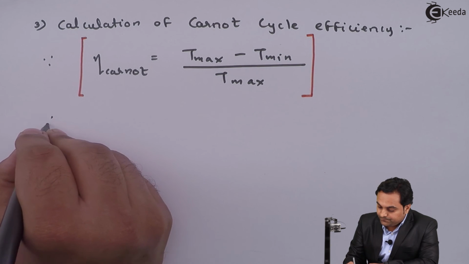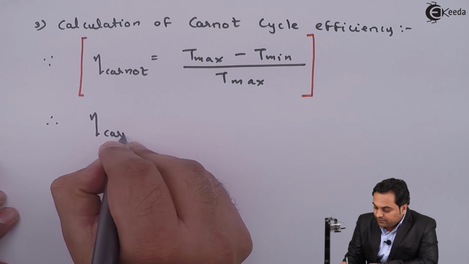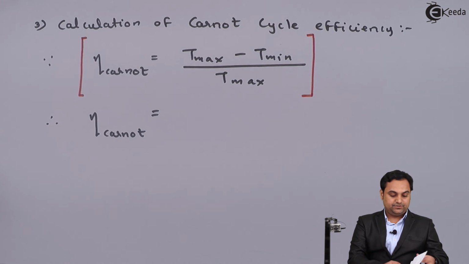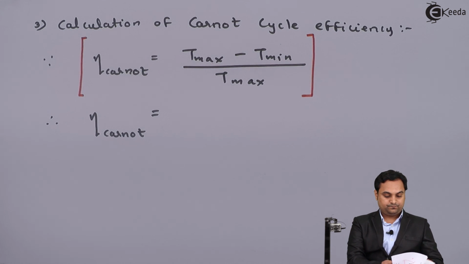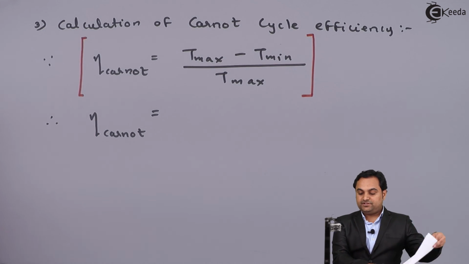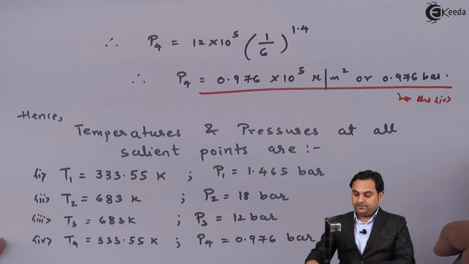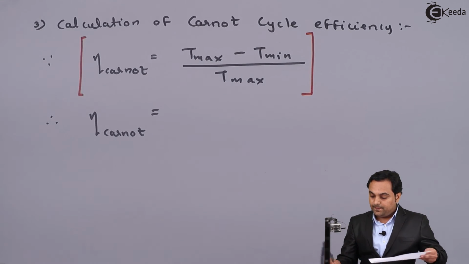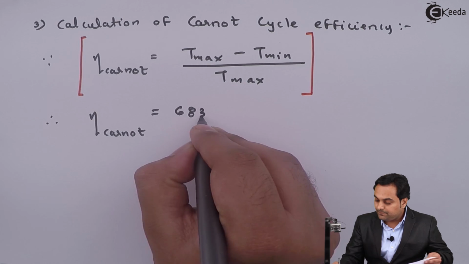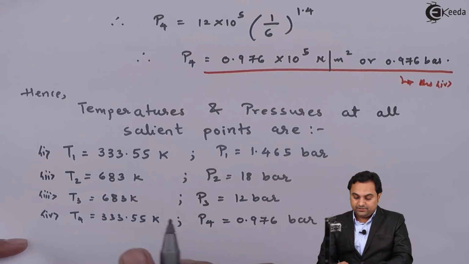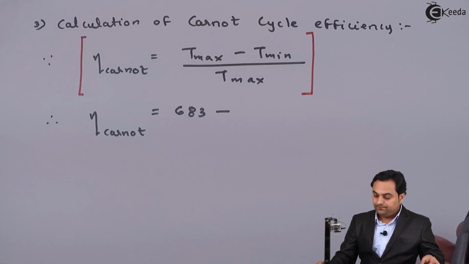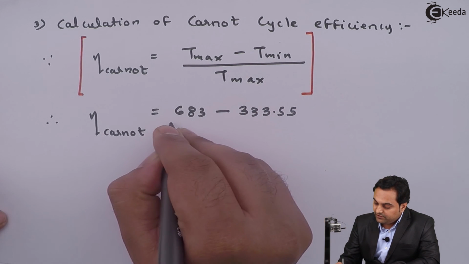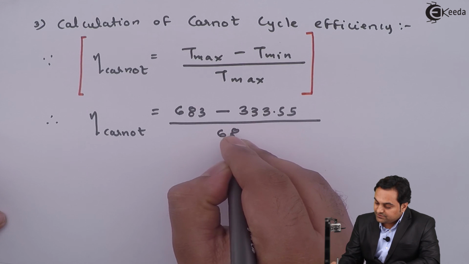So therefore Carnot efficiency will be equal to, now where I have calculated all the pressures and temperatures, here if we see from the temperatures, maximum temperature is 683, so Tmax is 683 minus the minimum temperature 333.55, divided by the maximum temperature 683.